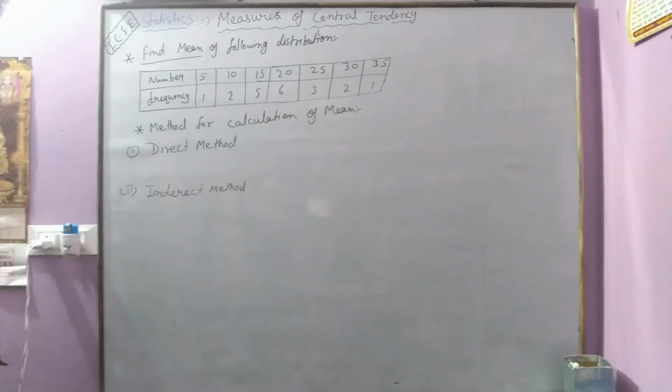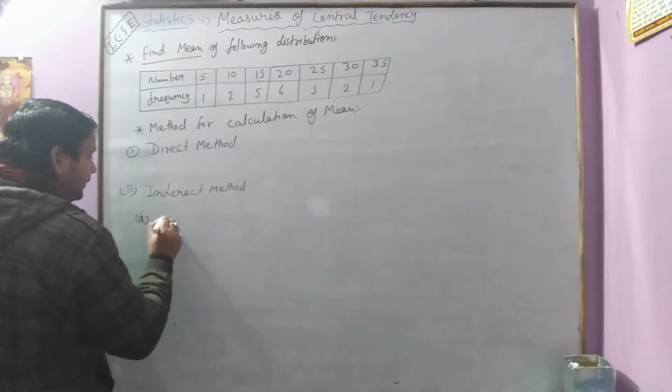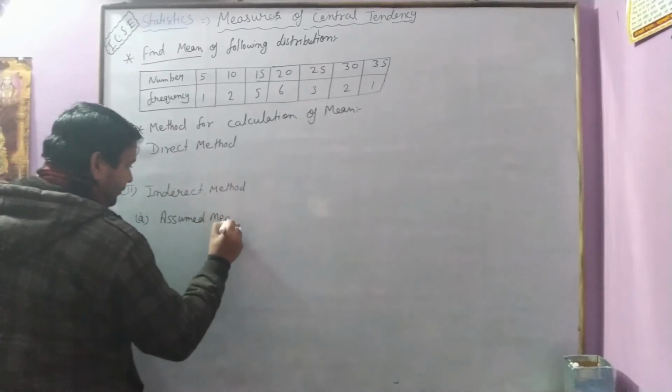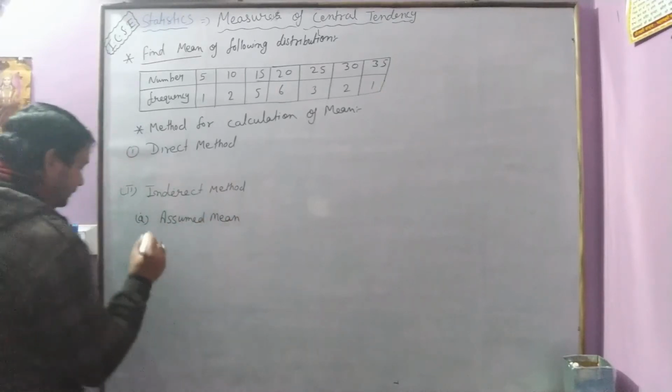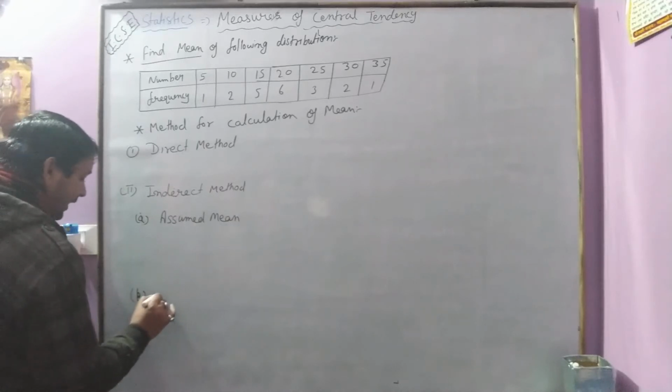Okay, now in indirect method we have two methods. In first method A is assumed mean method, and B is step deviation.